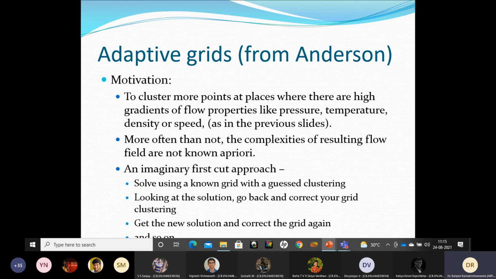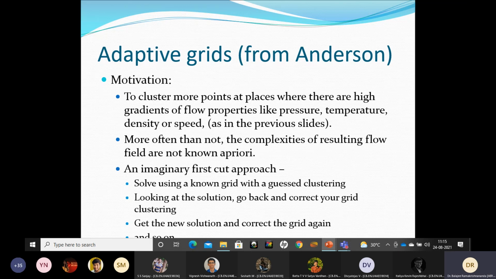Before you solve, you don't know how complex it will be in general, especially when you are studying unsteady flows. Only when the flow is evolving, you know what problems will come. So how do you generate a grid expecting that some gradient will be there, when you don't know where the gradients will be? This is a problem.